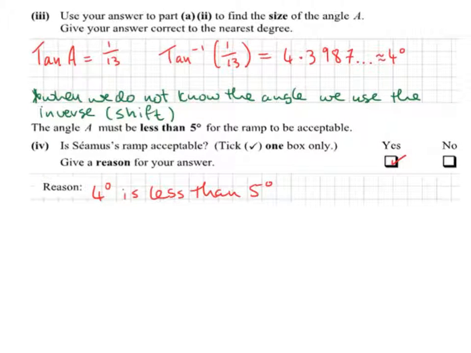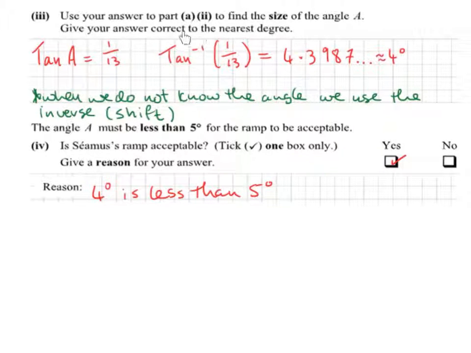Okay, so in A part 2, we got tan of A is equal to 1 over 13. Now, when we don't know what the angle is, so we don't know what A is, we have to use the inverse function. So that means we press shift and then we press tan, and tan to the power of minus 1 comes up in our calculator.